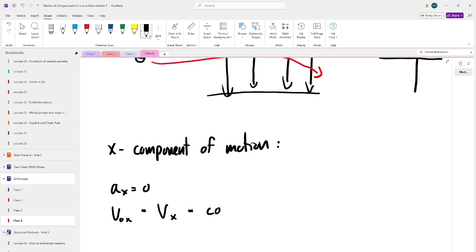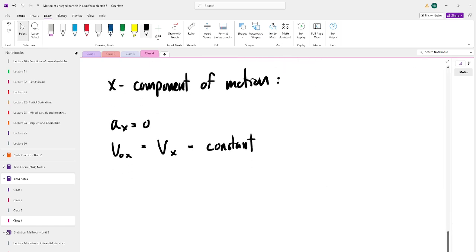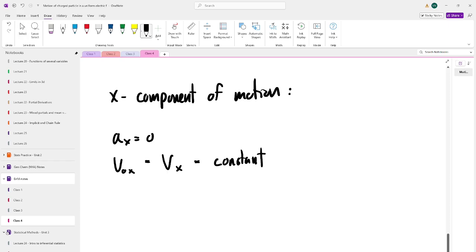I'll just write constant. More specifically, the x value of the particle is equal to its initial speed, v naught, multiplied by the time. There's no additional acceleration component. Or you could think of it as there being an acceleration component, except that it is equal to 0. So that's that.